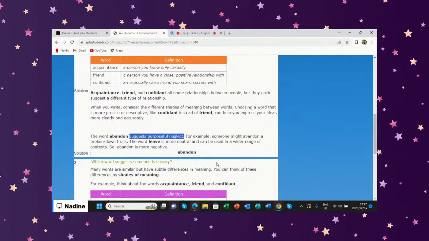When we think of abandoned buildings, you usually think of broken windows, broken doors, spider webs. Like the place is just a wreck, right? The same with people. If someone is abandoned, it's like someone just left that specific person, purposefully neglected them.